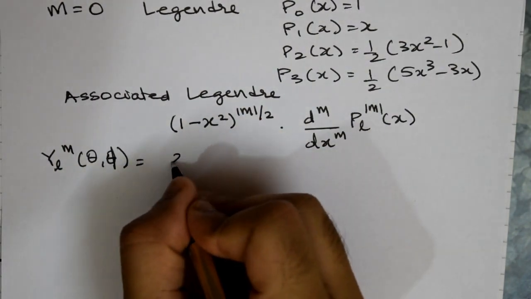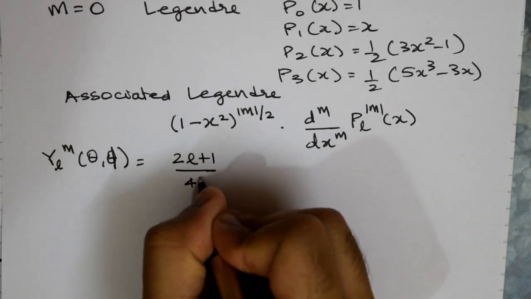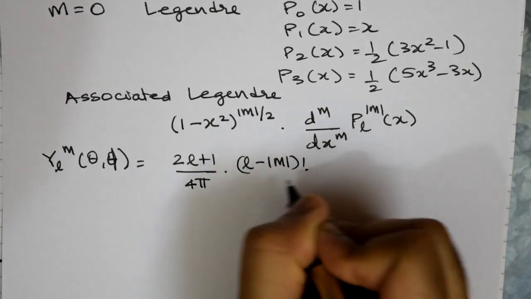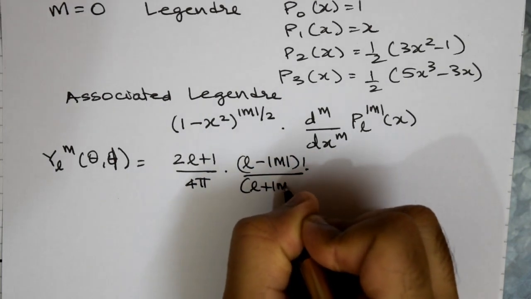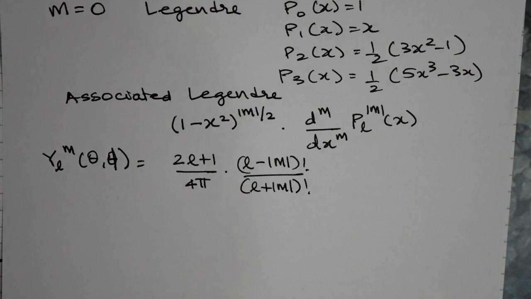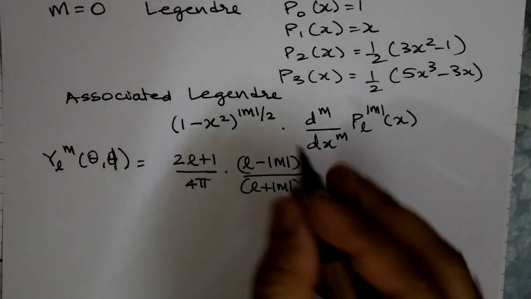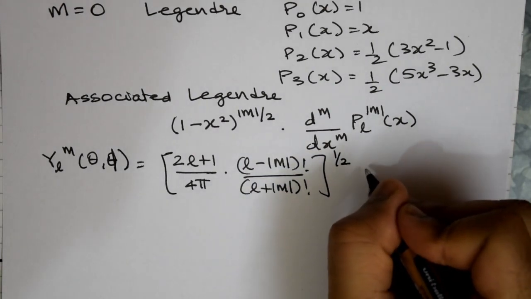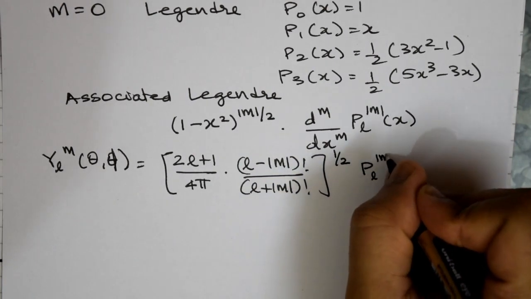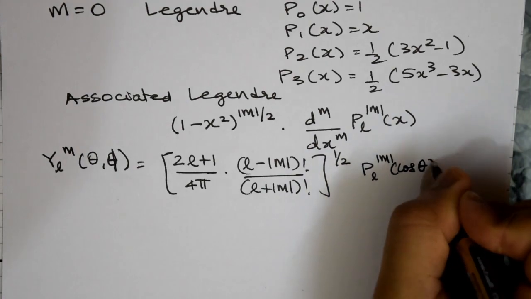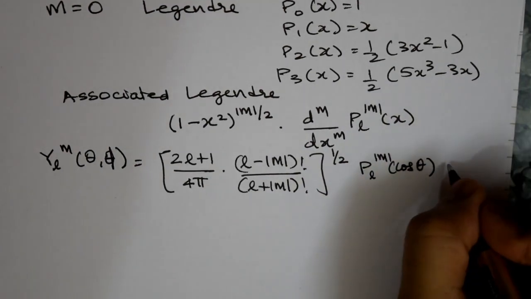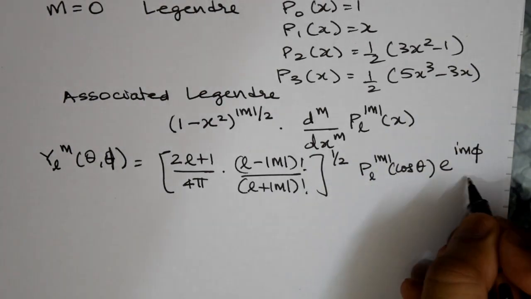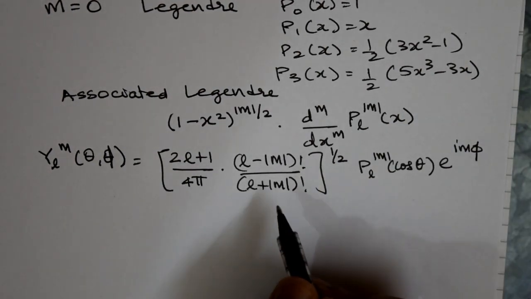It will be given by 2L plus 1 by 4 pi times L minus mod m the whole factorial divided by L plus mod m the whole factorial, the whole power of half. This is the normalization constant that comes up. Then P mod m as a function of cos theta, where we convert x back to theta terms, times e power i m phi. So this is the theta part, this is the phi part, and this is the normalization constant.